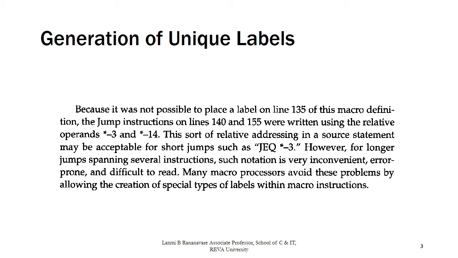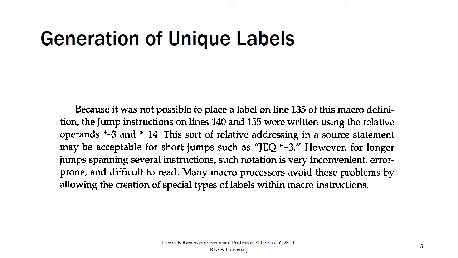So when the size of the macro is small, then we can have relative address operands in the instruction. But this way of writing the jump instruction is very inconvenient, and it is error prone, and it's very difficult to read also, because when you say star minus 3, what it is telling is take the current location minus 3 bytes.